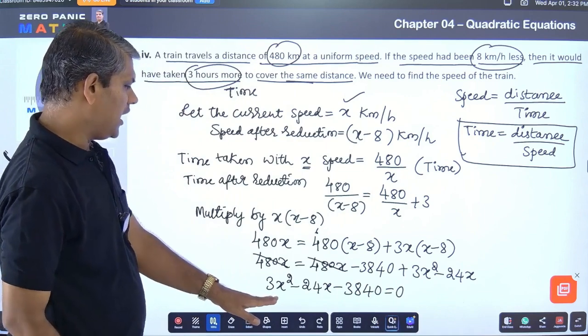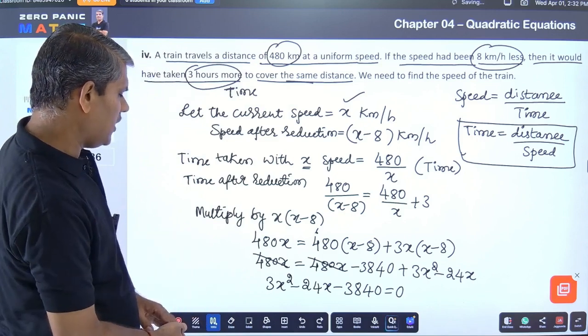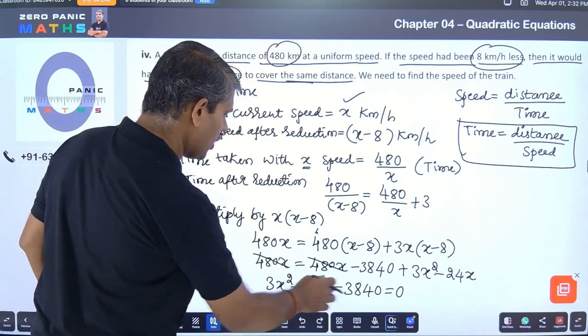So this is an equation. What other improvement can we do? We can divide it by 3, because 3 is common here.